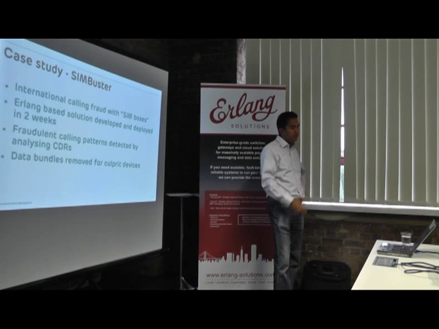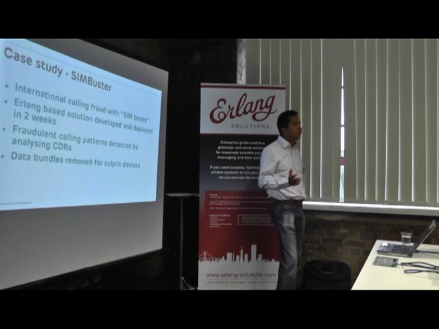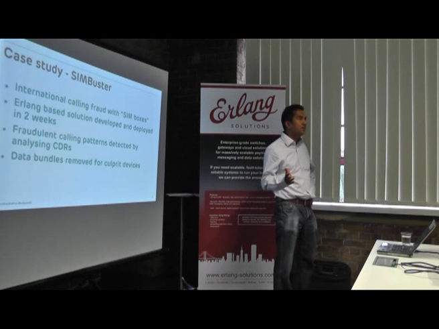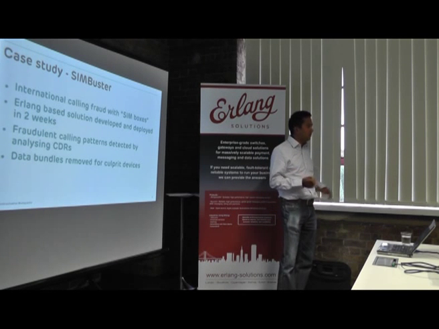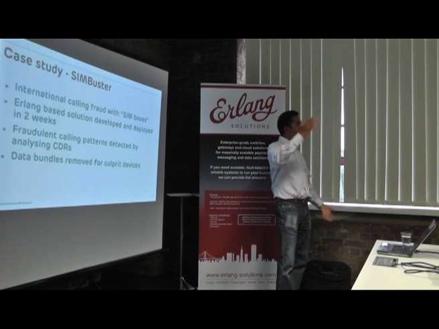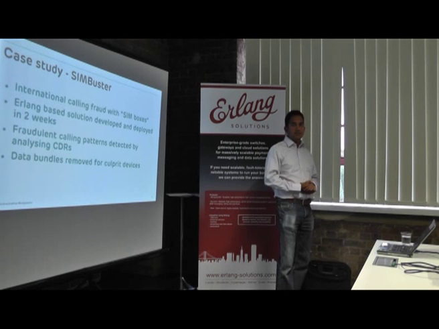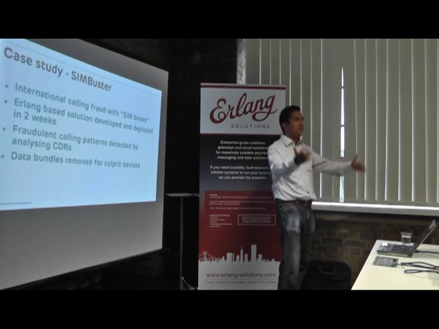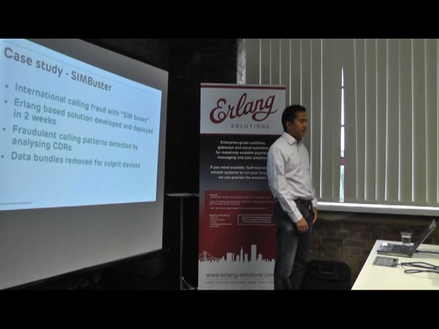So we heard about the problem, and within about 2 weeks we had a fully working solution, which was basically every 5 minutes taking a CDR feed out of our rating systems and looking for calling patterns. If you're a typical mobile user, you probably won't call more than, let's say, 50 different numbers in a month.